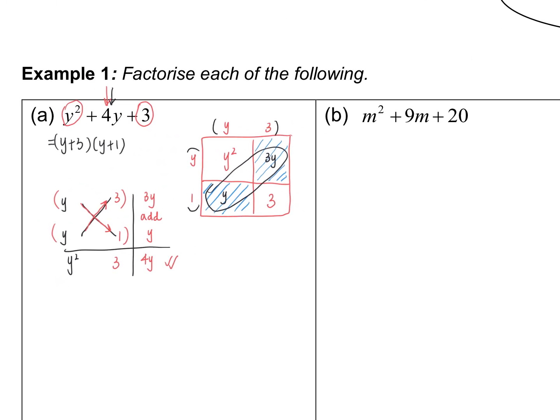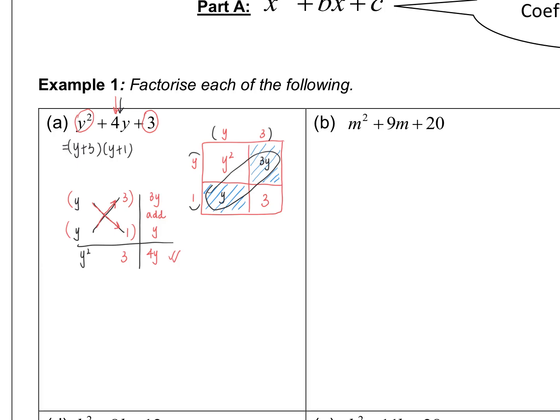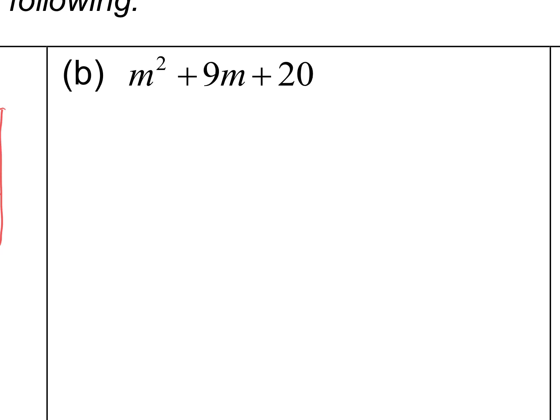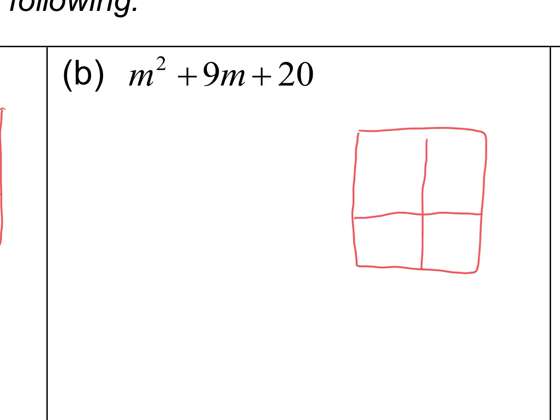Okay, next one. This one. Okay, gradually it will become better. Let's try this one together. Okay, first thing first. Draw your box. This m squared goes here. So it must be m by m. The 20 goes here. I need to pick 2 numbers that multiply to 20, that later will give me 9m. What do you think it is? 4 and 5.